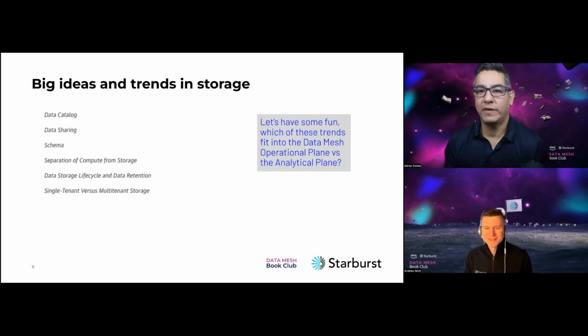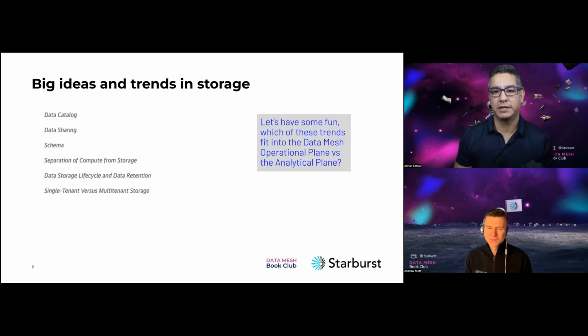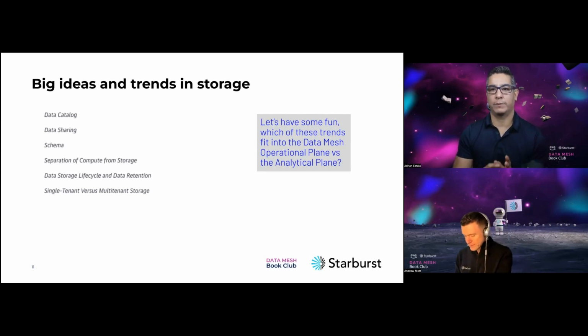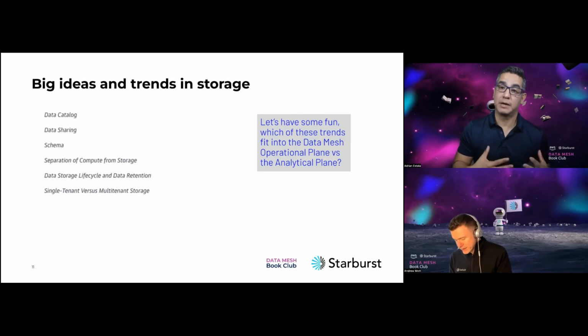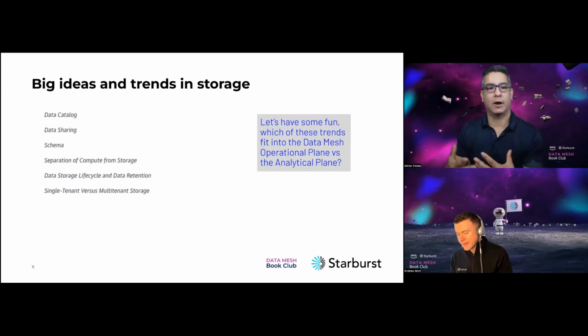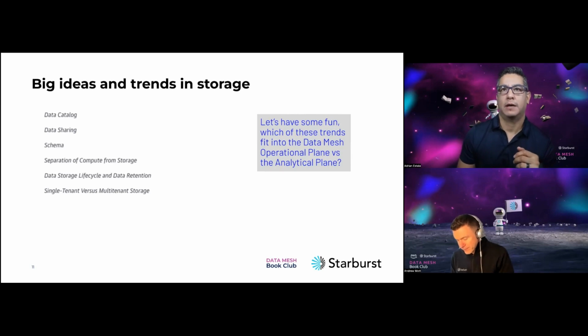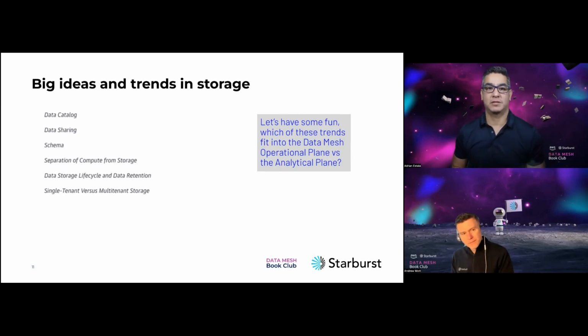Well, the way they discuss catalog in the book is largely a technical catalog, but most of us, when we think about catalog, appreciate the back end technical catalog as the meta store, as much as we appreciate the front end catalog where you might have something like data products. I asked that question because my initial response was that storage is back office, right? And then it's like, well, hold on a second.